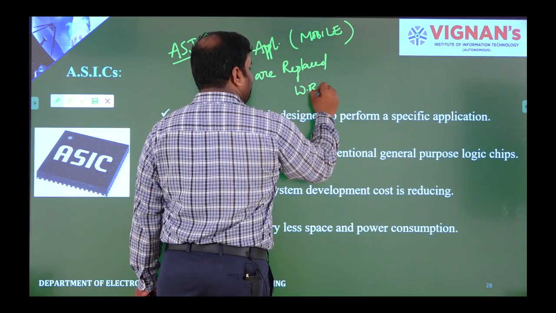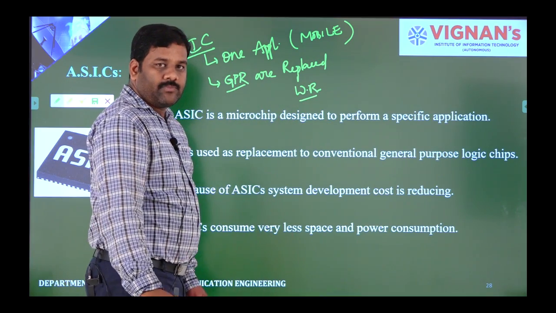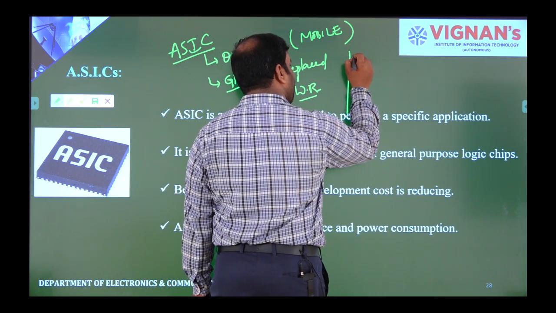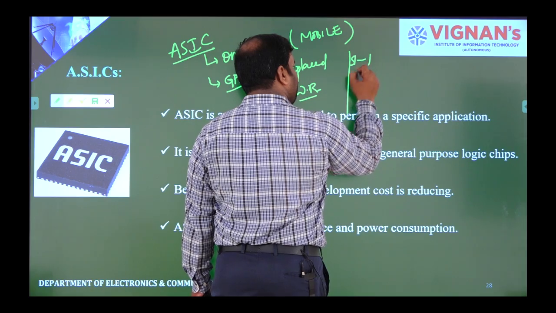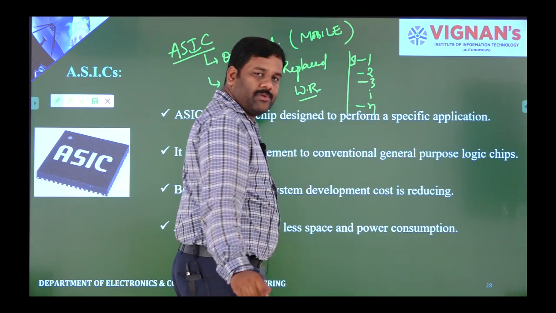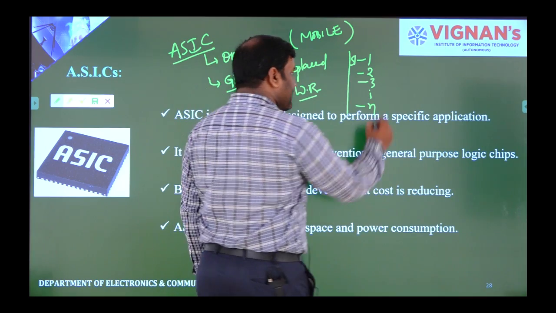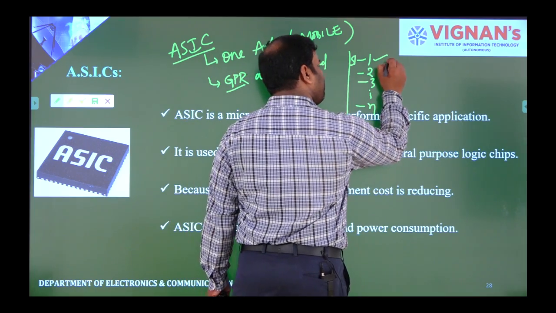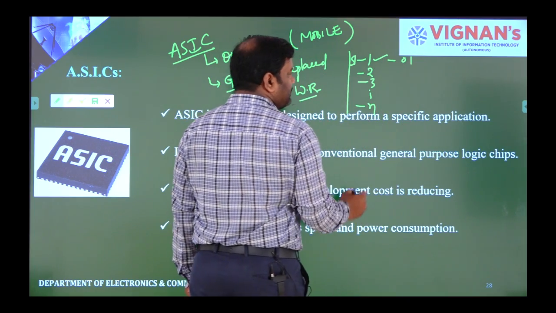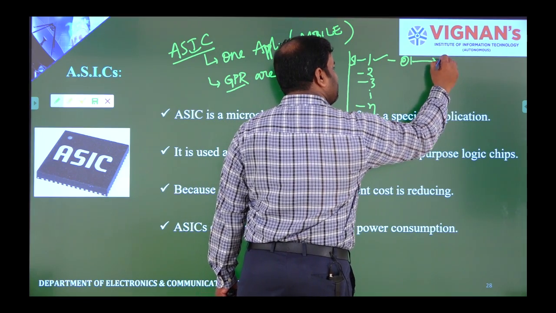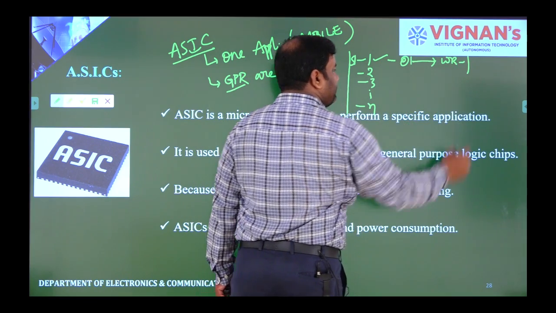WR, working registers. Working register means, for example, I have one program having statement 1, statement 2, statement 3, and so on to statement n. When my program is executing statement 1, I get some output. Let statement 1's output be O1. This O1 will be stored in working register 1.